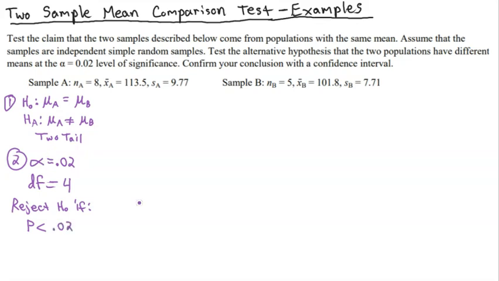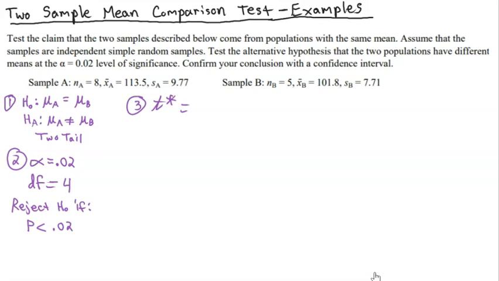Okay? All right, step three, we're going to identify our critical t-value, our t star, right? And we're going to go get that in the NumWorks calculator. Now let me remind you that because it's a two-tailed test, we're going to have to cut the alpha in half, okay?